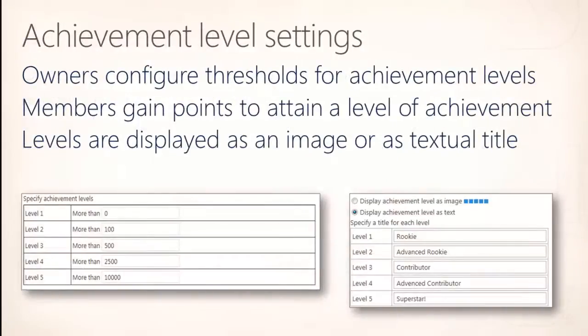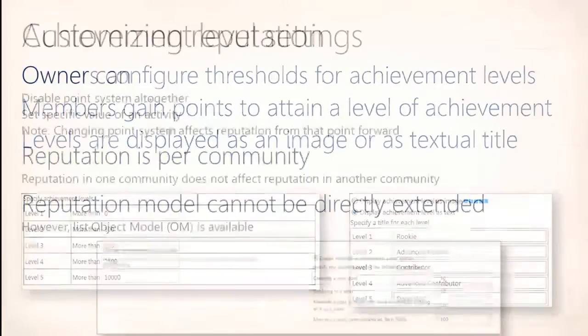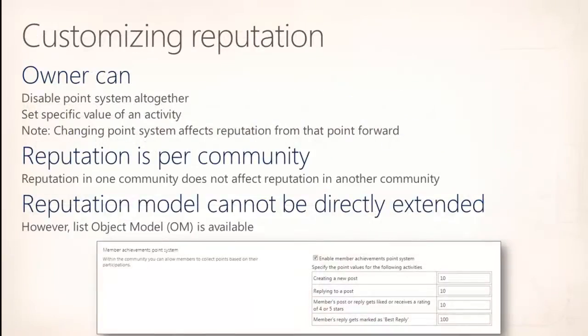Achievement level settings. So owners configure the thresholds for achievement levels. The members gain points towards those levels. Pretty obvious. And the levels can be displayed as either that 5-box image, or they can have interesting titles. Note that, I've already said this, owners can disable the point system altogether.